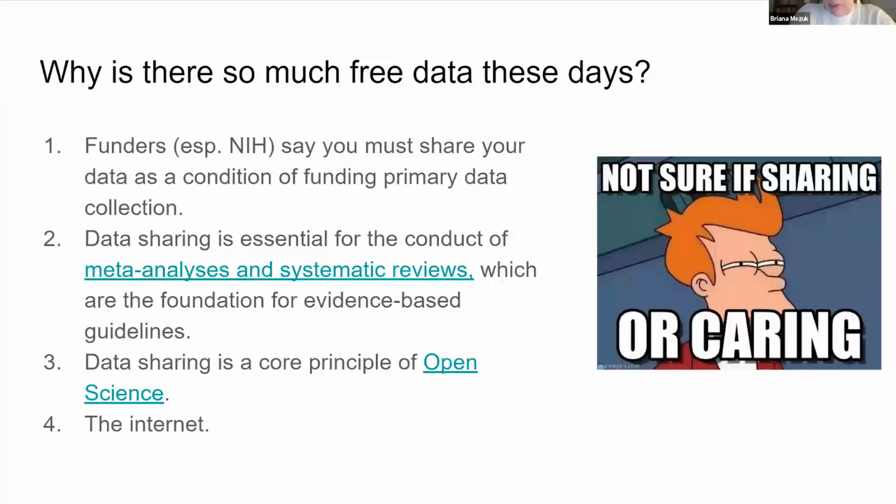That would have been 2006. So there were still journals where that was how you got studies submitted and published. And of course, something like that would be unheard of today. So there's so much free data, it's very accessible, and we really have the internet to thank.